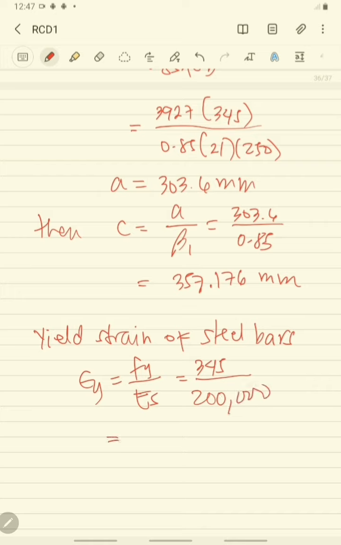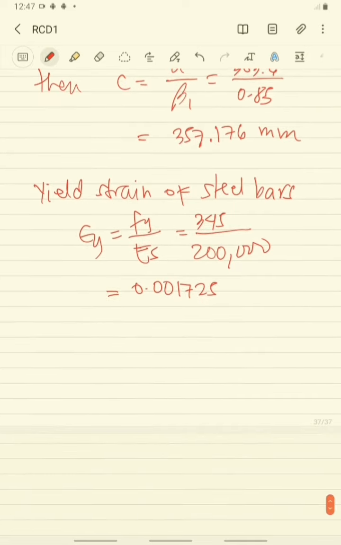So the answer is 345 divided by 200,000, and that is 1.725 times 10 to the negative 3. So this is 0.00175.